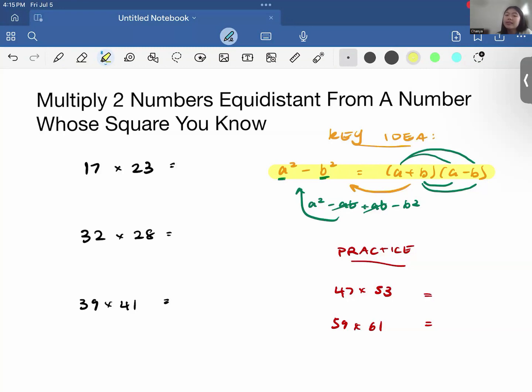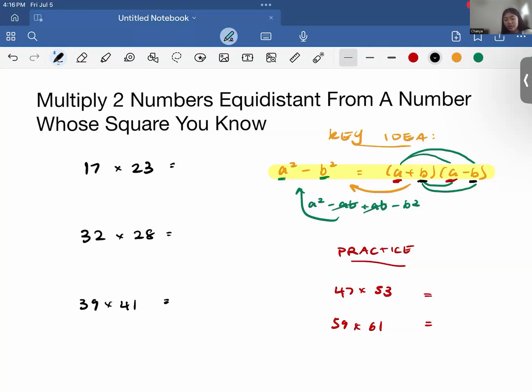And so what you basically have here, when you have two numbers equidistant from a number whose square you know, let's say, for example, you have a number squared, and that number that's being squared is your a, right? You have your a that's being squared. And then you have your b, which is the difference above or below that squared number. Then you can use this trick.